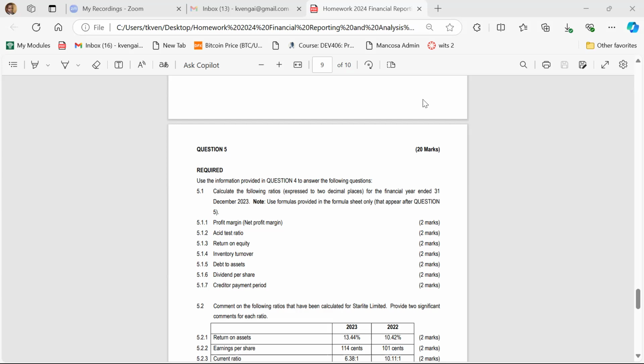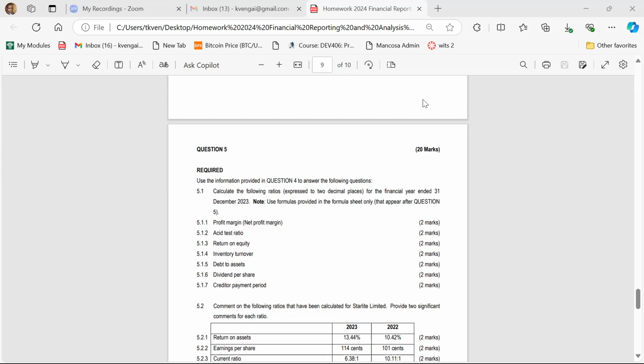Now, benchmark ratios, either your lecturer can provide you a benchmark ratio. If he does not provide one, there are only maybe two ratios that we know of that are benchmarks already without being told. That is the liquidity ratio, the acid test ratio and the current ratio.